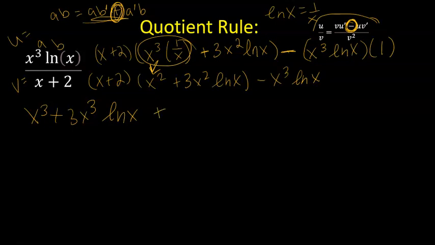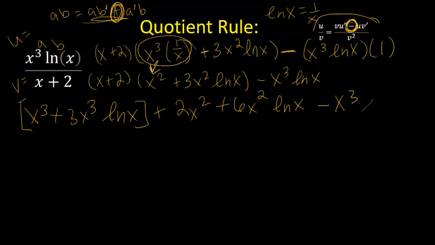Plus, let's see, I'm going to do 2x to the second plus 6x to the second ln x. And then I'm going to do minus x to the third ln x. Great. Yeah, I think that works.